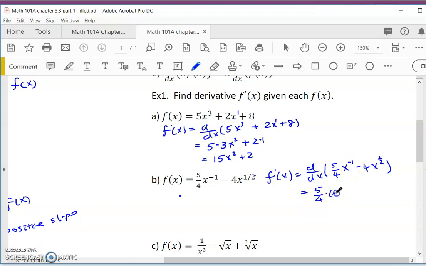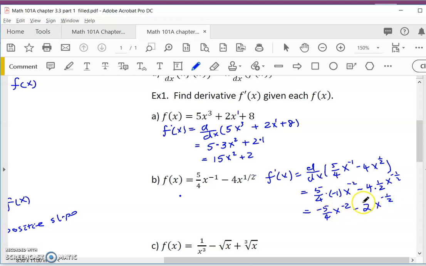It's -1, just multiply by -1, and then x to the -1 minus 1 is -2, minus 4 times. What is the power? The power is 1/2, and then 1/2 minus 1 is -1/2. So we multiply the constant multiples together: -5/4 x to the -2, and 4 times 1/2 is 2, minus 2 x to the -1/2.